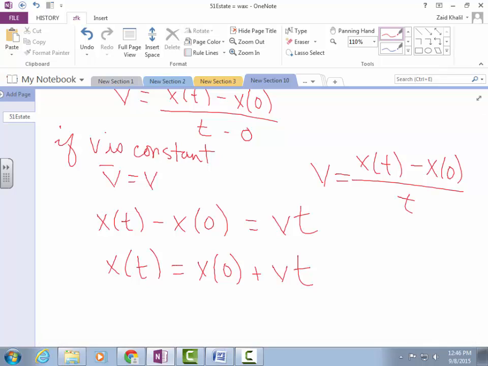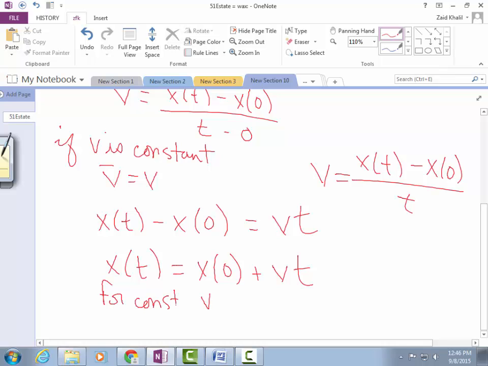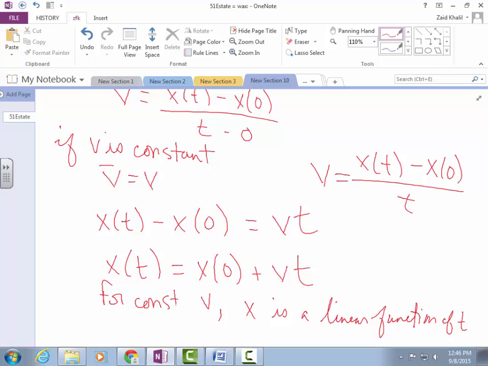Time. For constant v, x is a linear function of t. Well, if it's a linear function of t, then what's the slope? Should be totally trivial. The slope is simply the velocity.